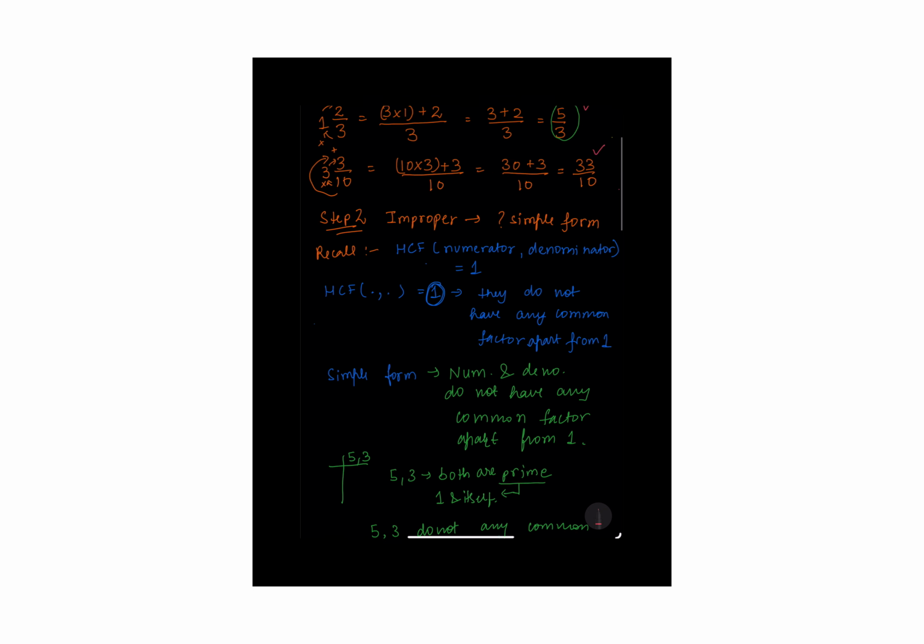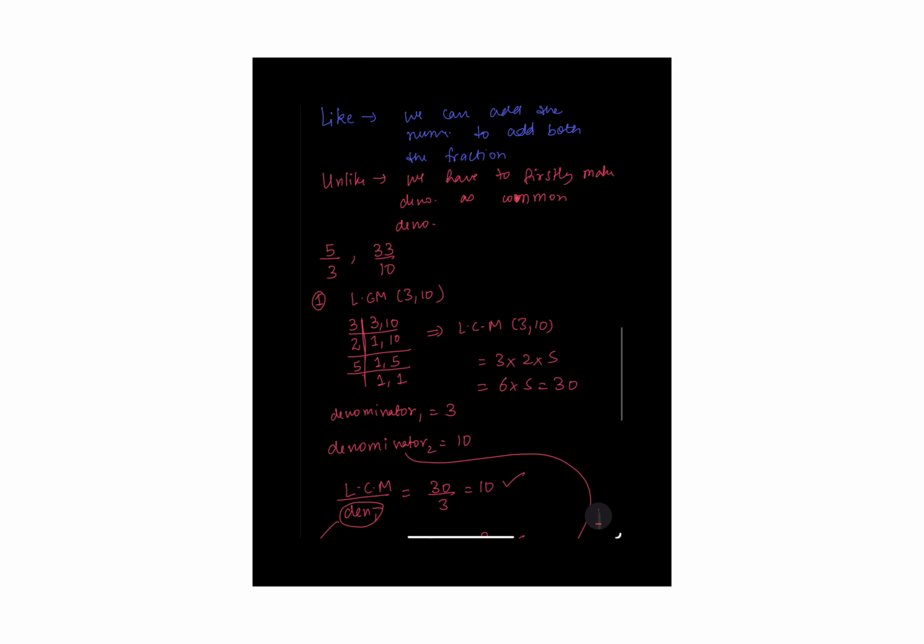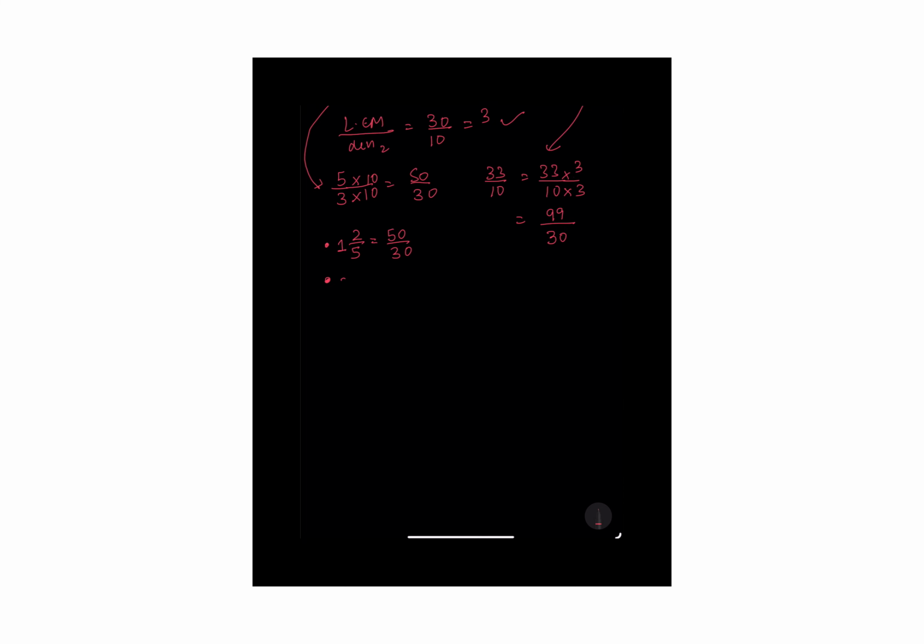The other fraction which we have was this one, and it becomes 99 by 30. Now for this fraction and this fraction, we see that they have a common denominator. So since they have a common denominator, we have made them in like fraction form.